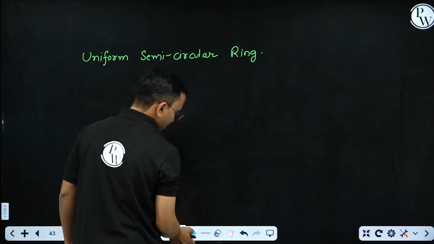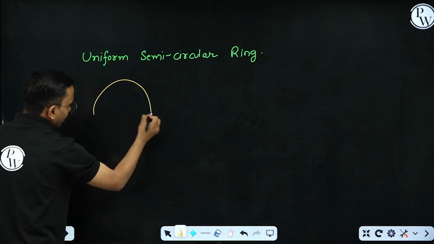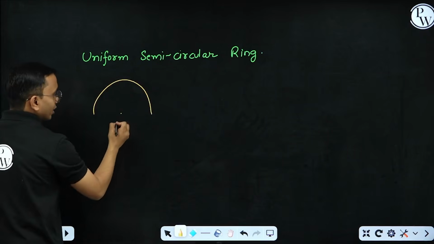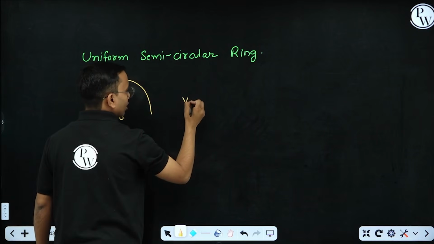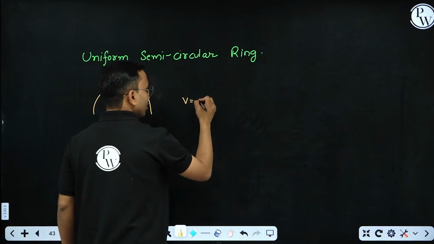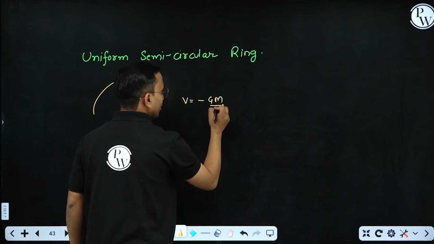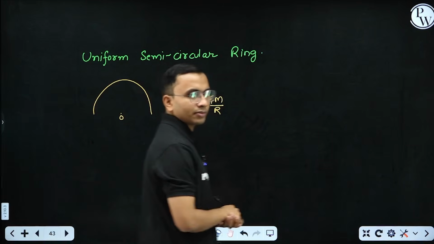So when I am saying semicircular ring, it is like this. We need to find potential at this point O. So if I write potential, each mass is at the same distance r only, so it will be just minus GM by r. Each point is at a distance r only.